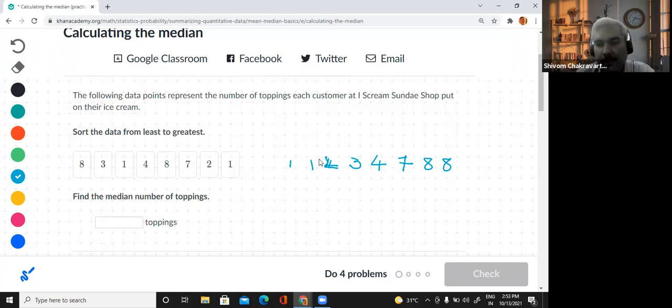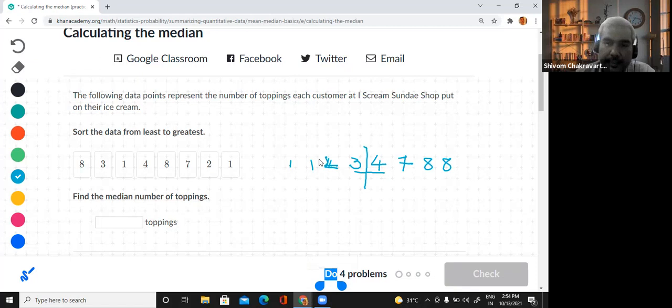Okay. So we want to find the middle value. Coincidentally, this is an even number of values. 8 is an even number. So we will take the middle two values and take their average. So the average of 3 and 4.